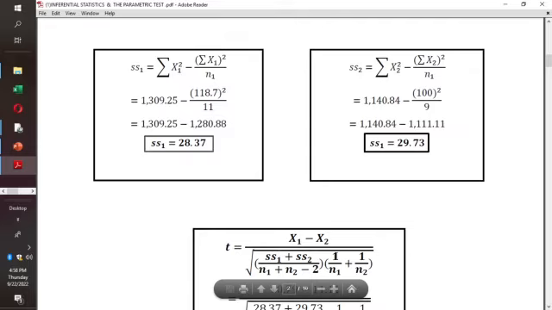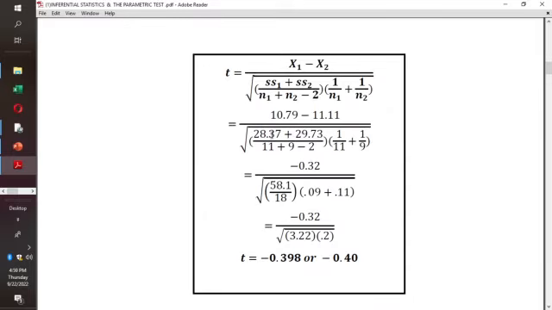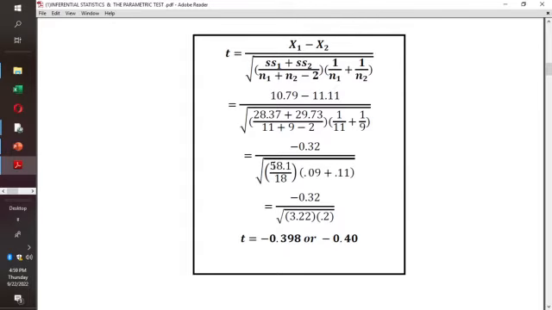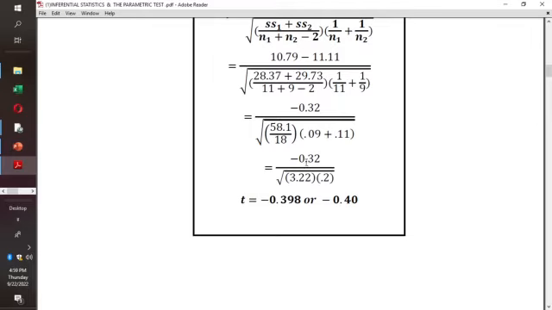So, and the t-test, so here's the formula, is equal to 10.79 minus 11.11 over the square root of 28.37 plus 29.73 over 11 plus 9 minus 2 times 1 over 11 plus 1 over 9 is equal to negative 0.32 over the square root of 58.1 over 18 times 0.09 plus 0.11 is equal to negative 0.32 over square root of 3.22 times 0.2.